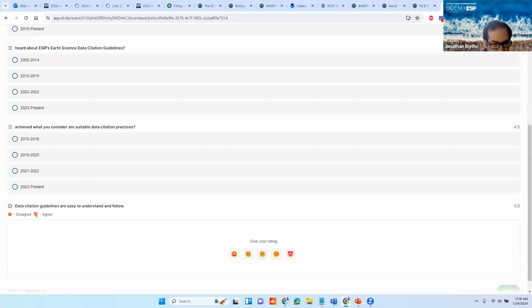I wish I'd done it 1 to 5, but if you like the data citation guidelines, just put the hearts in your eyeballs, like you're having a great time. But if you're having trouble with data citation guidelines, that's obviously the left side, the unhappy face. Okay, I'm going to be quiet for a little bit while people respond.